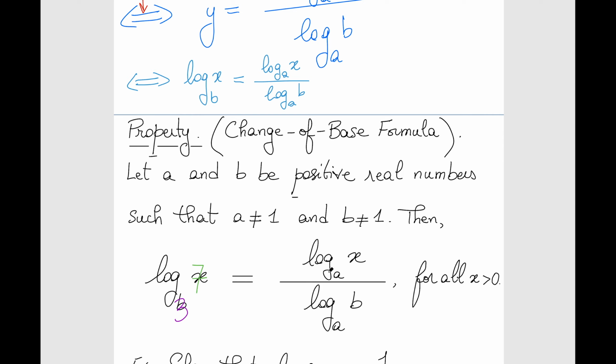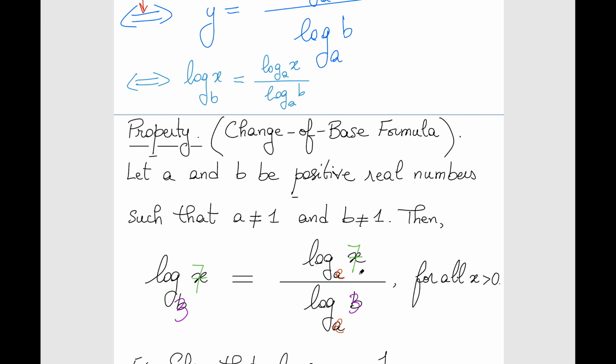So log base 3 of 7. Well, by this discussion that we just had, b is 3, so this guy is 3, and x is 7, so this guy is 7. The calculator doesn't allow you to choose a base other than e or 10. Whichever you want, either e or 10, this has to be the same as this. If you choose e, it has to be e here and e here. On a calculator, you can compute this guy, right? This is ln of 7.